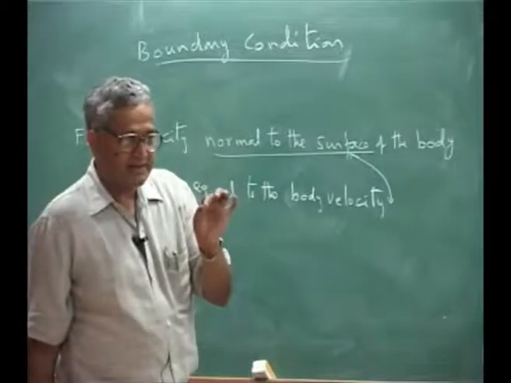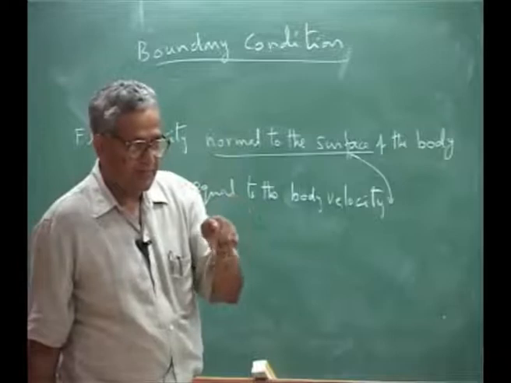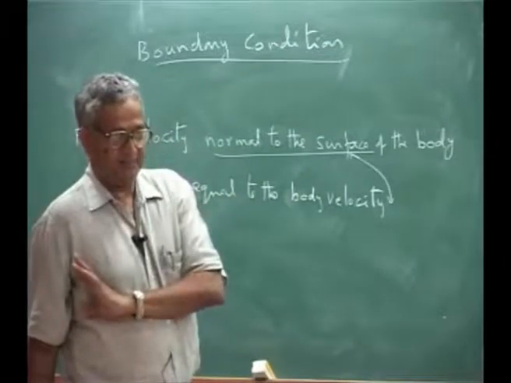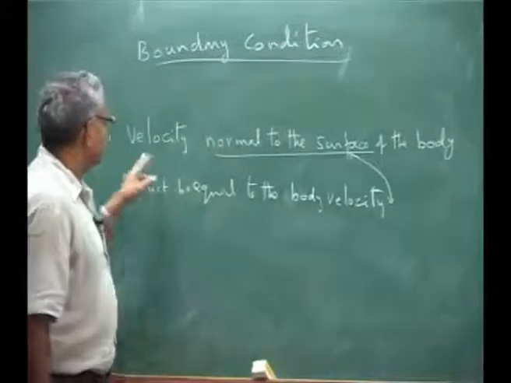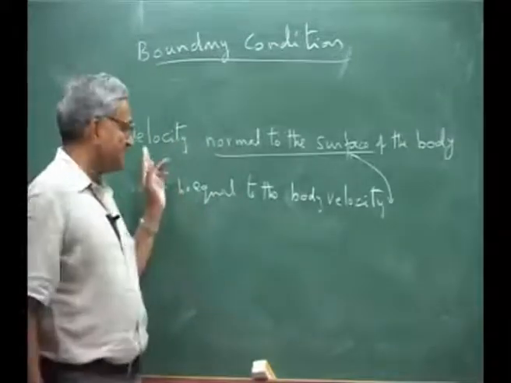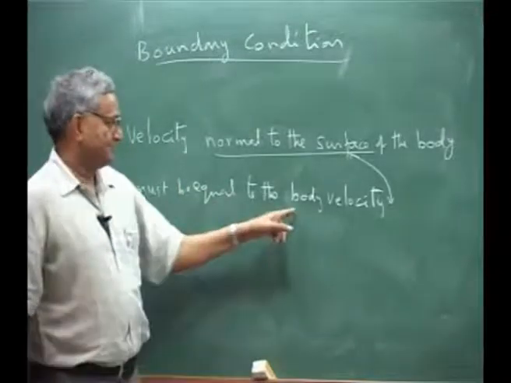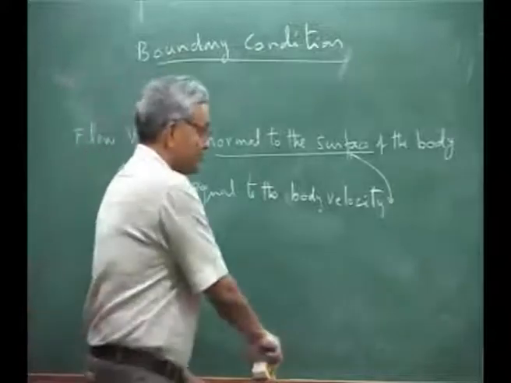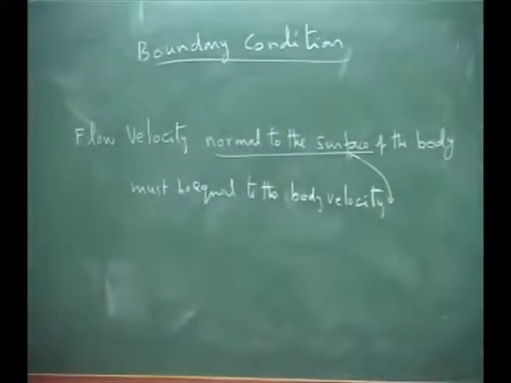You basically take the normal velocity at the surface and you say equate. Hey, the flow velocity normal to the surface must be same as the body velocity, which is normal to the surface. That means you have to first define the surface, then you have to find out what is the normal to the surface, and then you take the velocity normal to the surface.